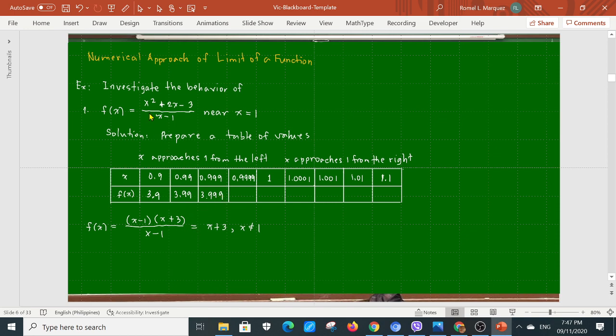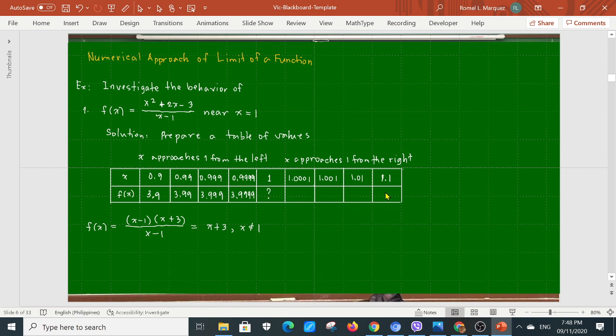So meaning, if I substitute here, 0.999 squared plus 2 times 0.999 minus 3 all over 0.999 minus 1, I will get also 3.999. And then if I have 0.9999, I will get 3.9999. So what value does the function seem to approach?